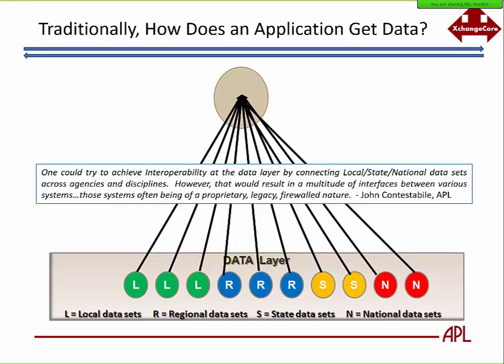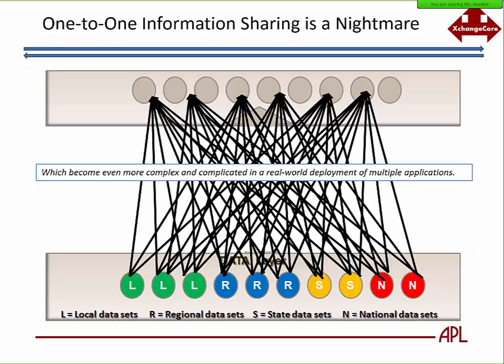They're legacy, meaning they're not the nice clean web services, and they are often firewalled. So John goes on to suggest that this is more like what you have in the real world. It's a complex, complicated deployment of multiple applications, all trying to make sense out of the same set of data.